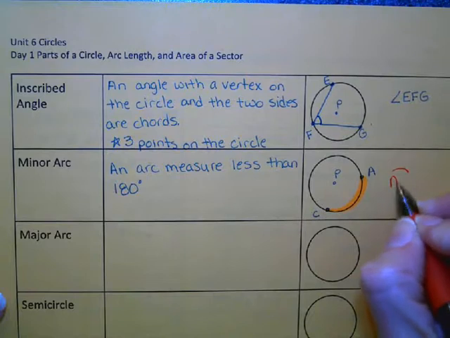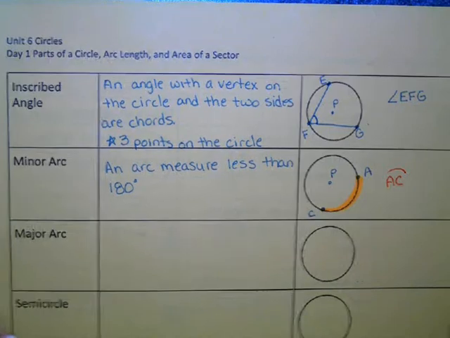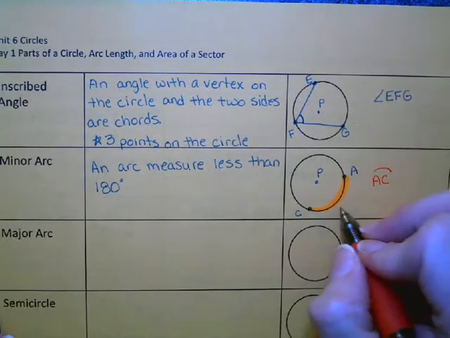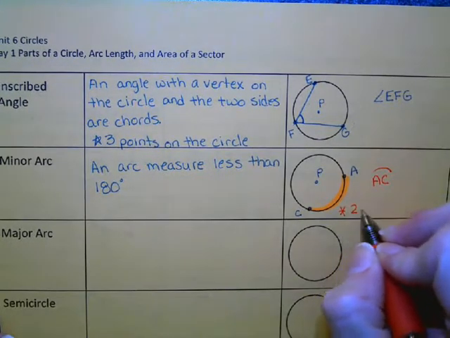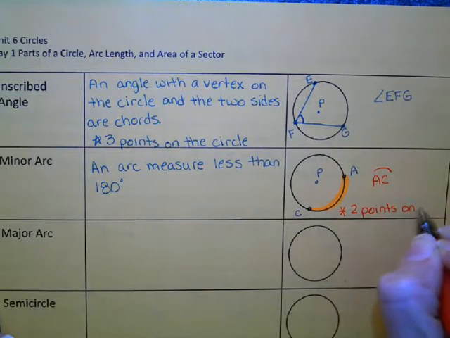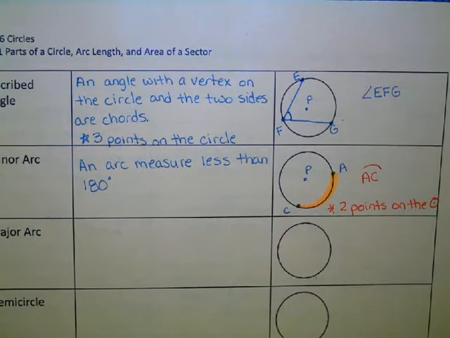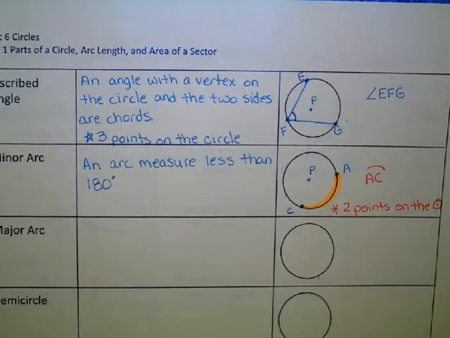Okay? The other thing to know about a minor arc is you name it by 2 points on the circle. So 2 points on the circle, and it has to be less than half the circle if it's going to be a minor arc. So you probably guess what a major arc is.